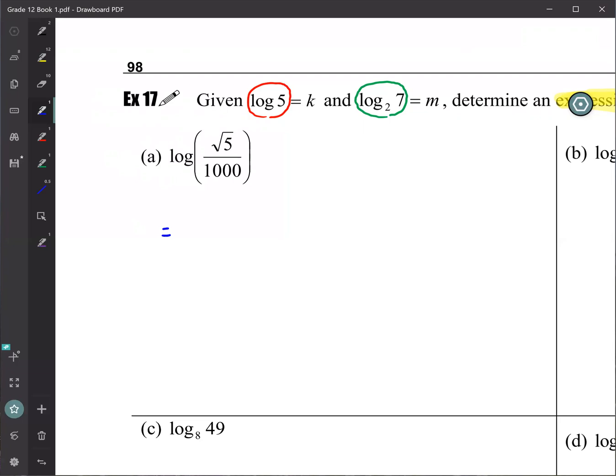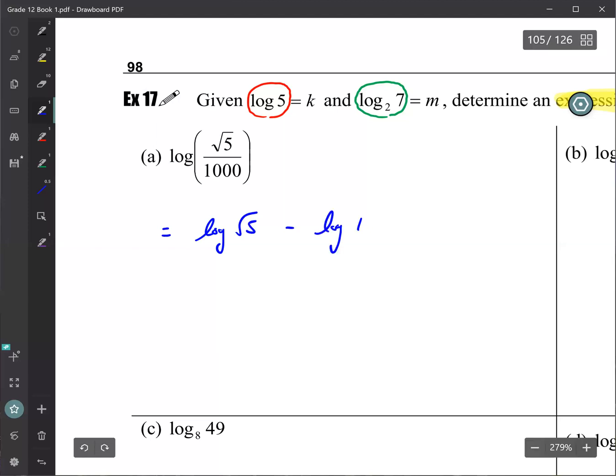So how do we apply it then? What does it become? Log 10 root 5, okay, minus log 10 to 1000. 1000, yeah. Okay, so if it's base 10, then we don't need to write it out. You could just say log 1000.